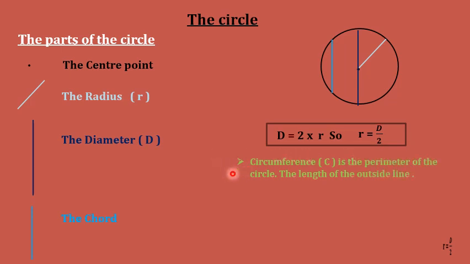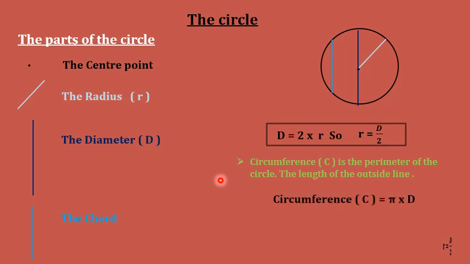Now, let's talk about the circumference of the circle. Circumference is the perimeter of the circle, and the perimeter of any shape means the length of the outside line. So when we want to calculate the circumference, it means I want to find the length of the outside line of this circle. We have two rules for the circumference.